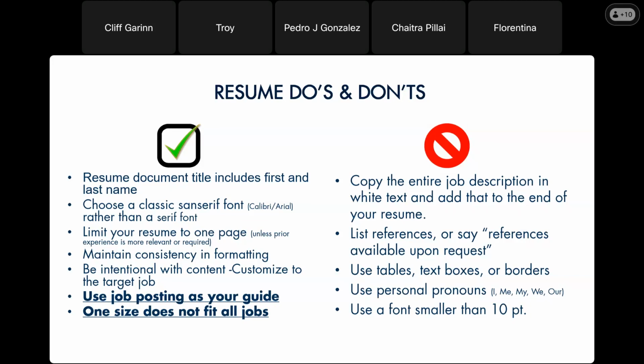So Jalen asks, is Arial or Calibri best? I'm going to leave it up to you. There's no judgment on either one. The point is that when you look at the chat, these are all sans serif fonts. So they're very clear, they're sharp, they're easy to read.